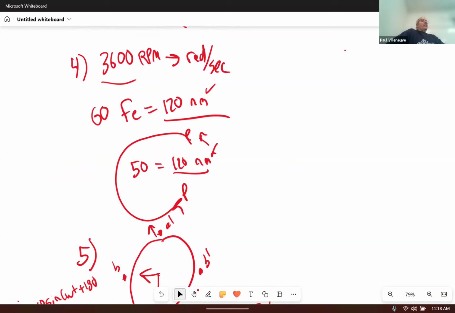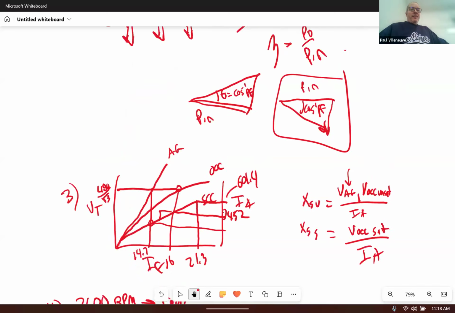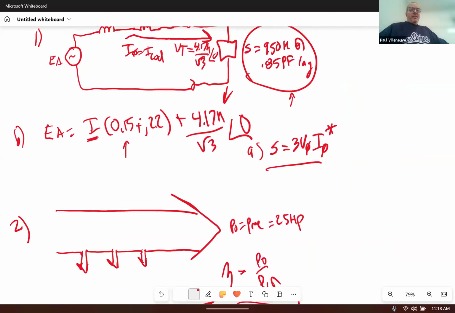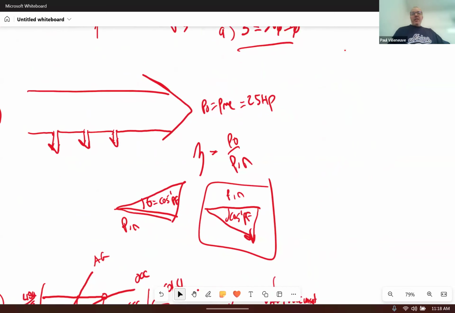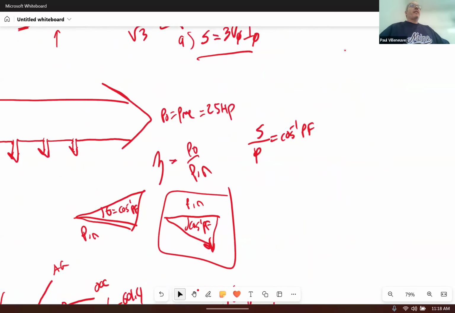Yes, sir. So for question two, part B, I did S over P equal to the cosine inverse of the power factor. So you did S over P equals the inverse cosine of the power factor. Is that right?